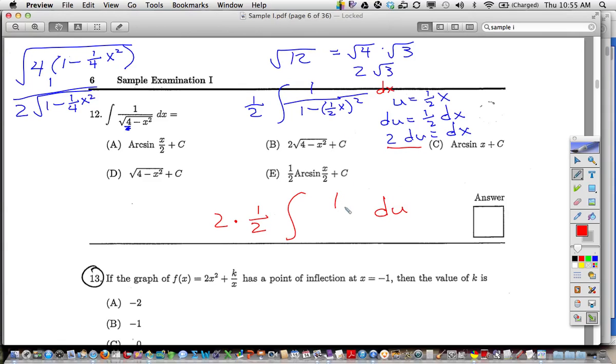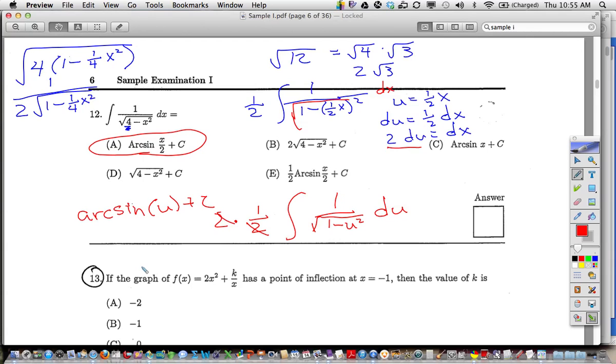And then I've got 1 over the square root, I forgot the square root there, of 1 minus u squared. So those cancel, and I just get arc sine of u, which would be arc sine of 1/2 x.